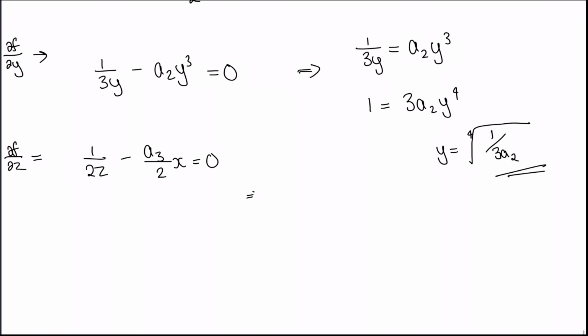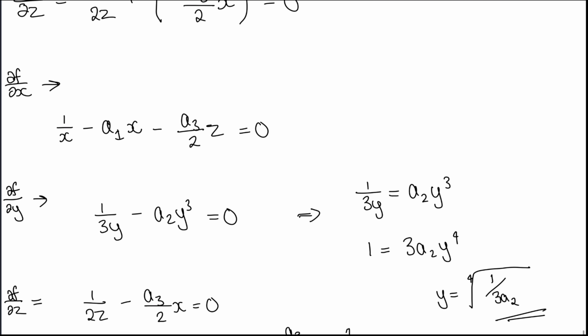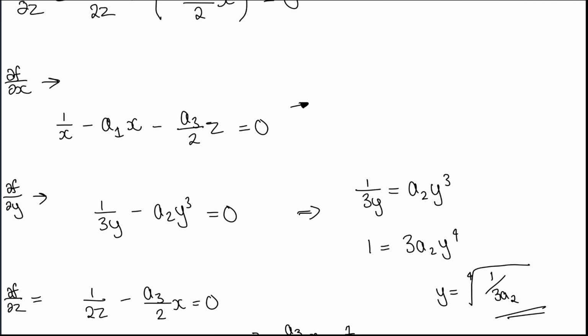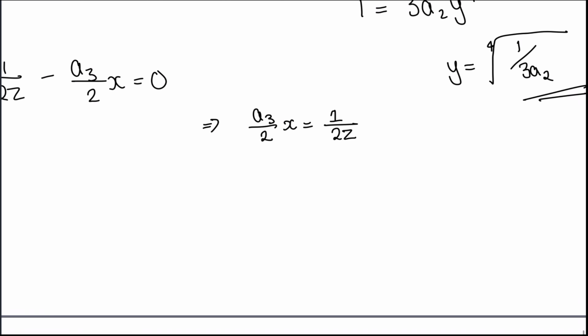If we now have a look at this equation, we can rearrange it. So we get a3 over 2x is equal to 1 over 2z. And looking at this equation, we can write 1 over x minus a1x is equal to a3 over 2z. I am now going to make z the subject for this equation. So we get 2 over a3 x is equal to 2z. So z is equal to 1 over a3x.